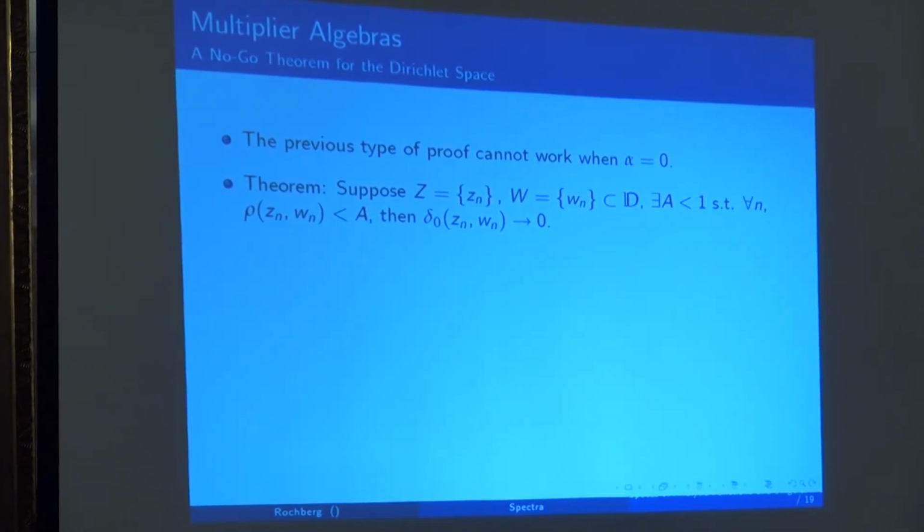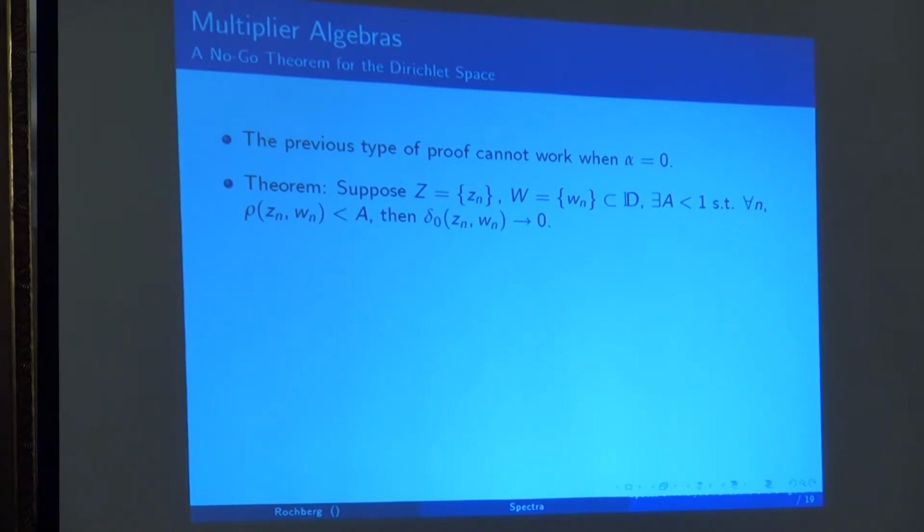So the general theorem says if I take points that are close to each other pseudo-hyperbolically, at finite pseudo-hyperbolic distance, just bounded away from 1, and I take a sequence of maps that takes these points to the boundary, then the delta 0 distance, the intrinsic distance on the Dirichlet space between those points, goes to 0.